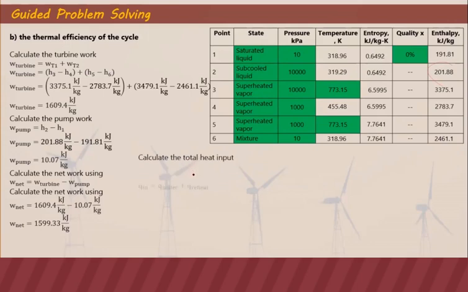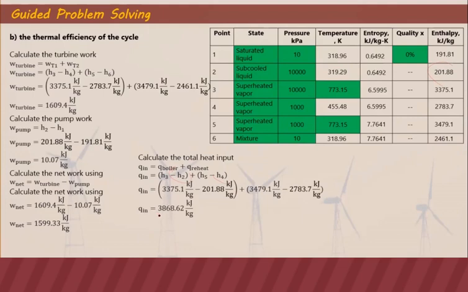For the heat input, it's the same formula, but this time we're not going to use H2A and H4A, but the values in the table. So our total heat input is 3,868.62. Our thermal efficiency is equal to 41.34%. Actually, this is greater than the actual cycle, because in the actual cycle we have 34%, but this time it's 41%.